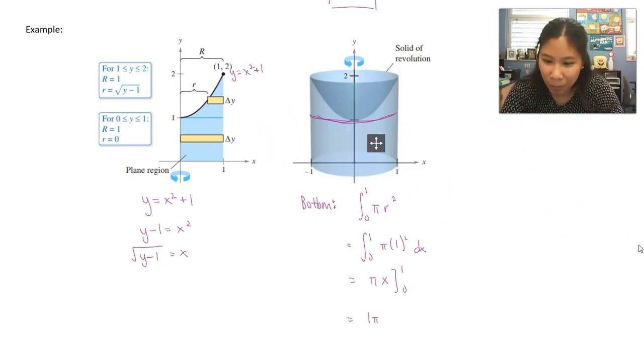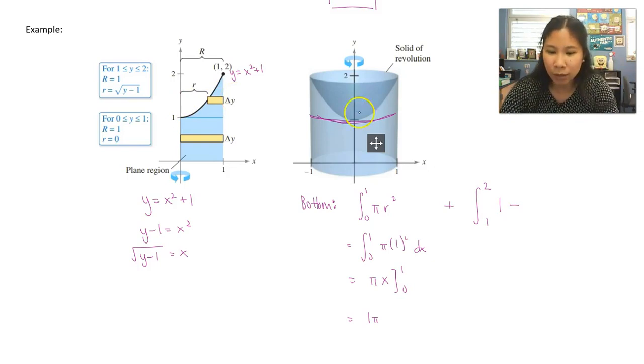So then the top, I'm going to add this volume to the other volumes with the washer method. On top, I have the integral from 1 to 2, because we're going from a y value of 1 up until 2. And then our outside curve, since we're doing the washer method, the outside curve is actually like this line right here, which is x equals 1.